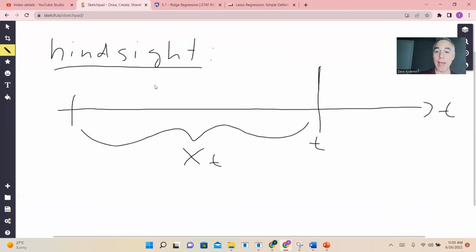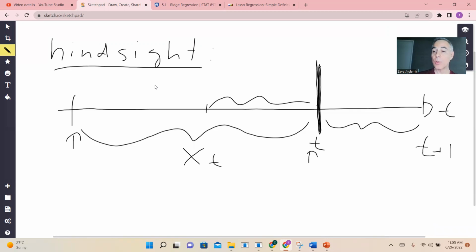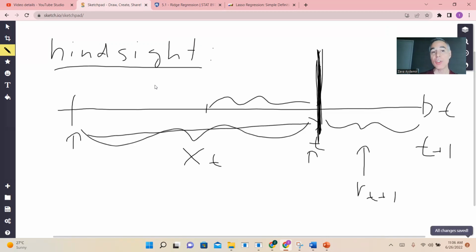It could be the data as of time T, but also cumulative data from a more historical date up to time T, or a change from this point to this point. And what you do is you then predict, and this is T plus 1, your stock returns in the future. So that's avoiding the hindsight bias. You use data up until the period of time T to predict some future change.